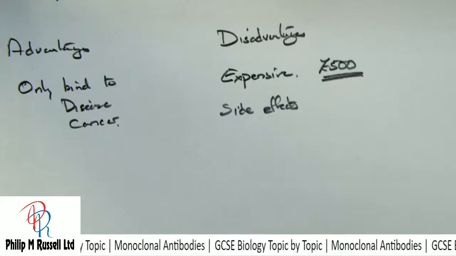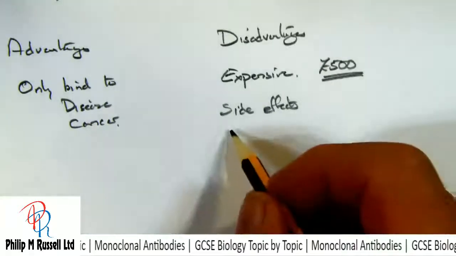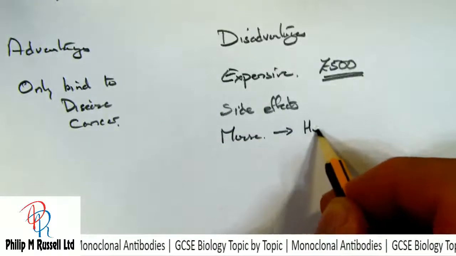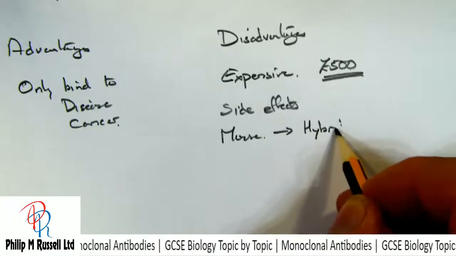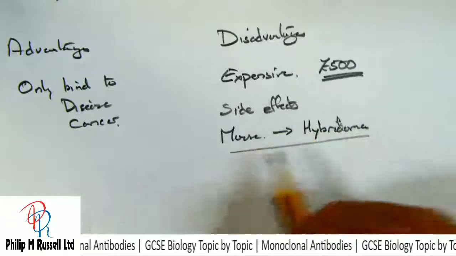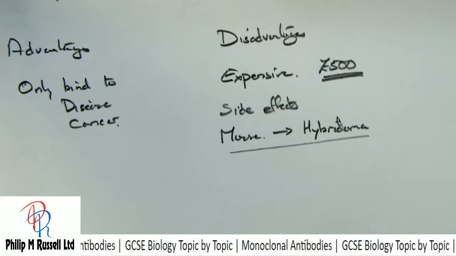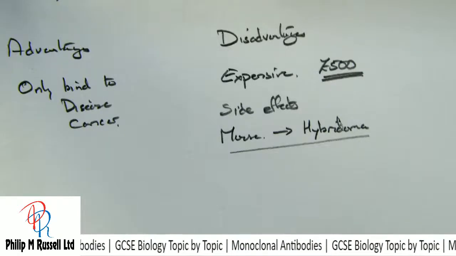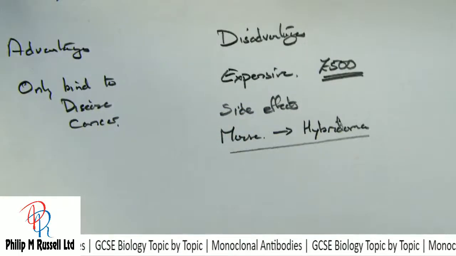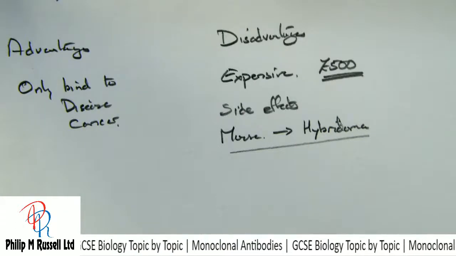Partly due to the fact that we're actually using mouse cells, and because we've got a mouse cell forming this hybridoma, it's got its own difference to a human. And so these cells, when they produce these antibodies, can also trigger an immune response in the human.